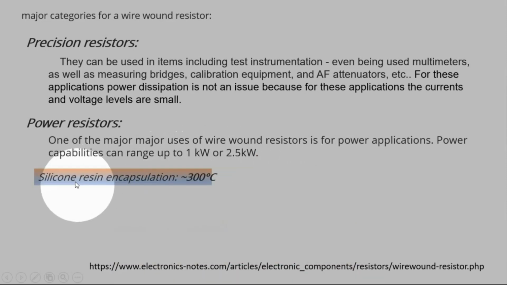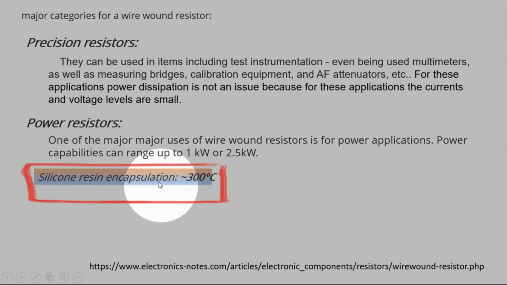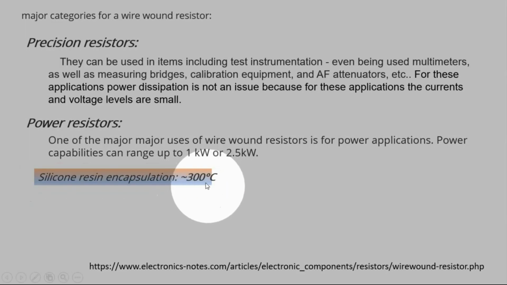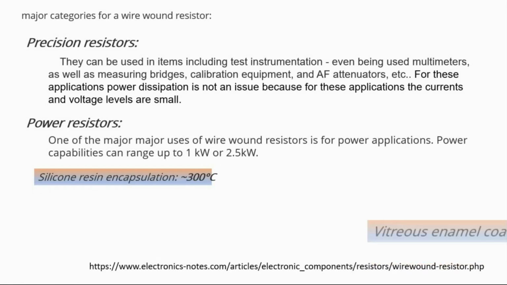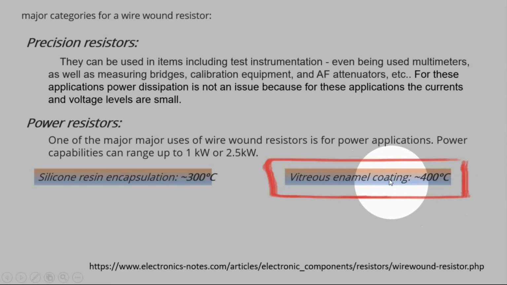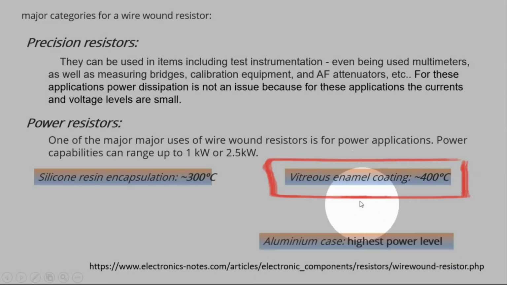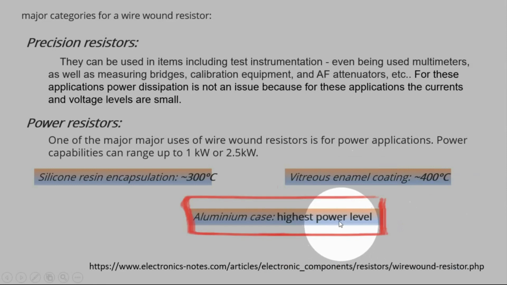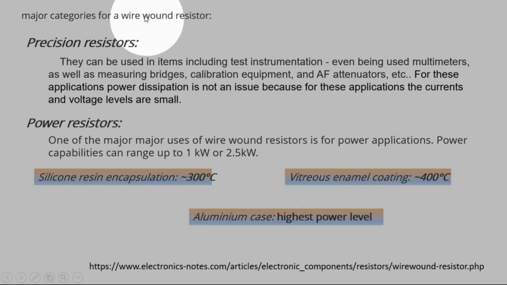We use silicon resin encapsulation for systems operating at approximately 300 degrees Celsius, and for those operating at approximately 400 degrees Celsius, we can use a vitreous enamel coating on your Wirewound resistor. For the highest power level, an aluminum case is used. These are the categories of Wirewound resistor: the precision resistor and the power resistor.